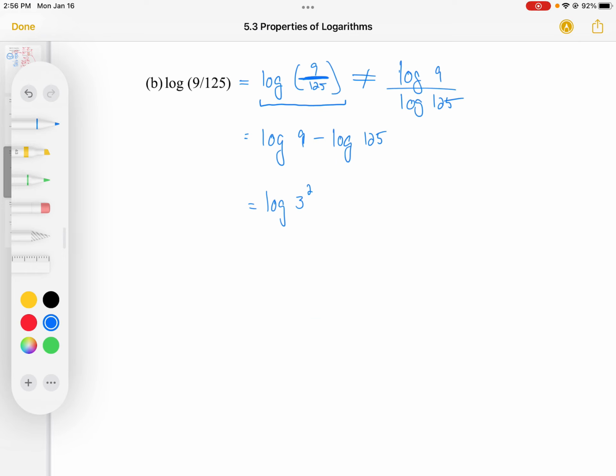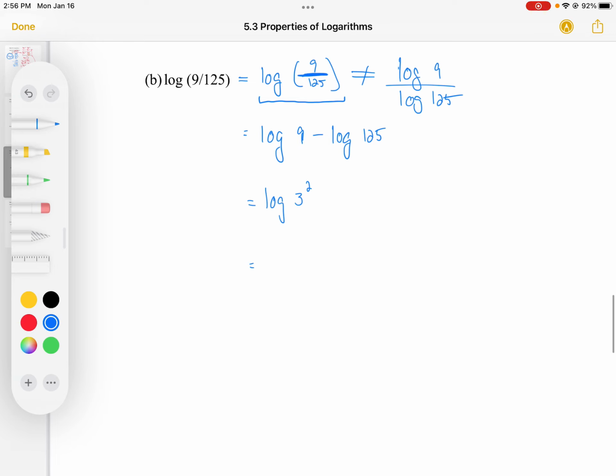So I want to rewrite this 9 as 3 squared. And from there, the next step I'm going to take with that portion of the expression is to use the power rule, and I'm going to bring that 2 out front. So that becomes 2 log of 3.